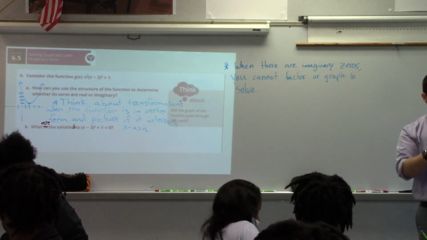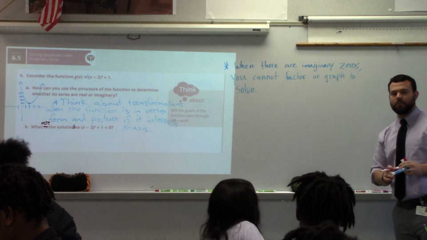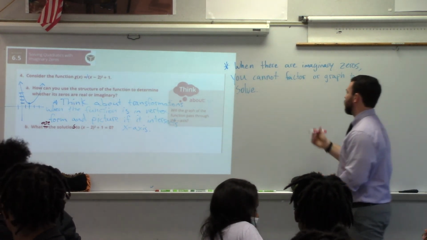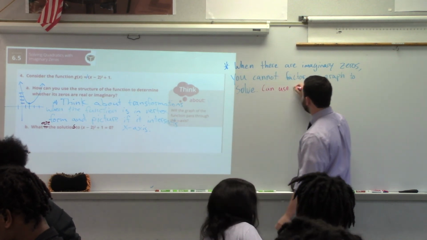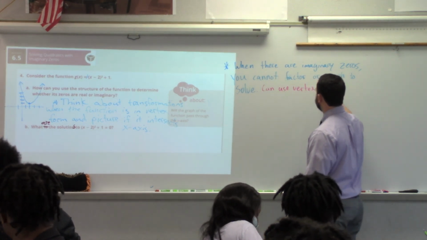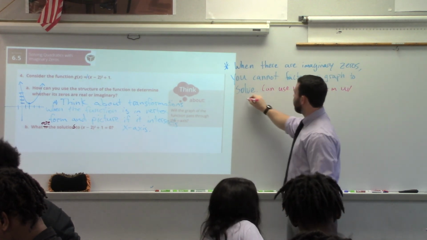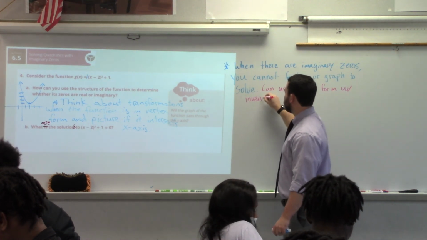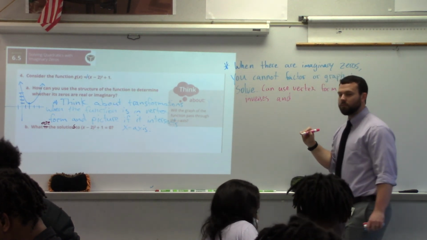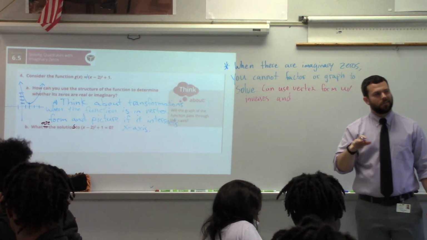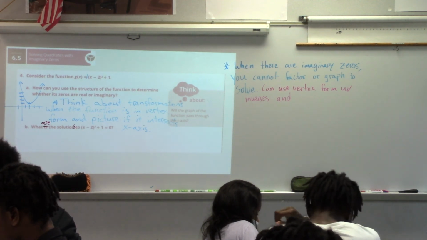What do you need before you can use inverses? What form? Vertex form. You can use vertex form with inverses and properties of equality. What else could you probably use? If you have standard form, you have to use something with it. Say it louder for me.